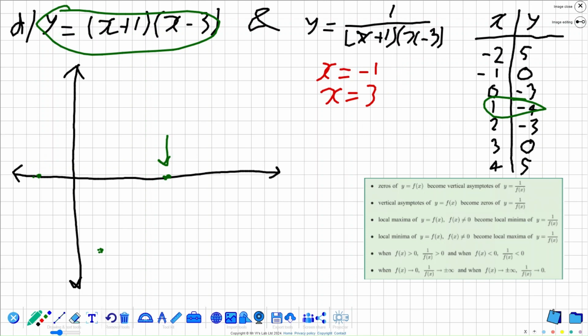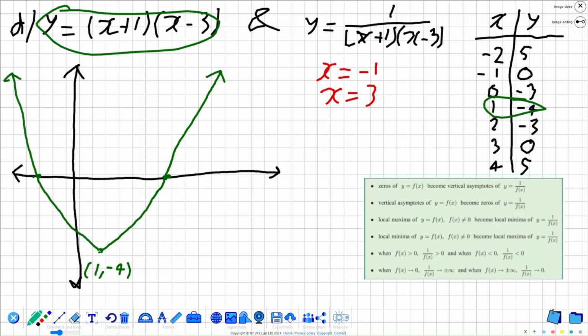So we can label that as 1 and -4. And we know on either side it increases, and we can even see that from the points. So we can estimate that it's going to look a little bit like that, and that one will be similar. And I might just label these ones as 3 and -1.